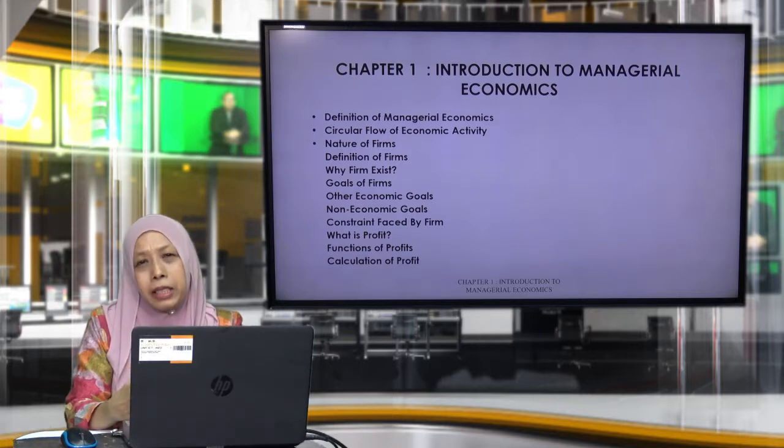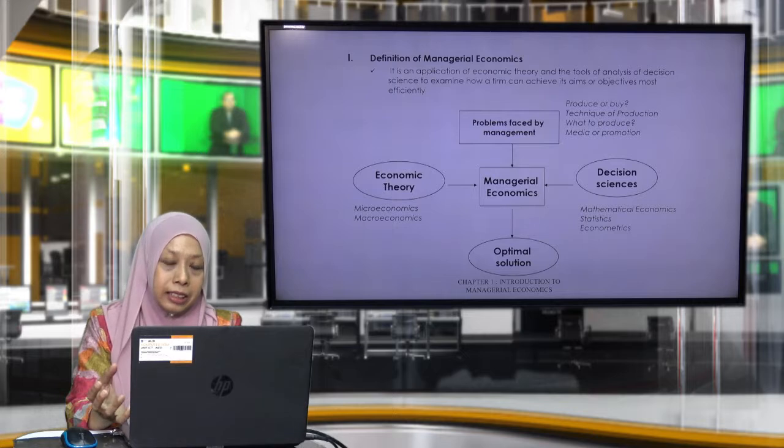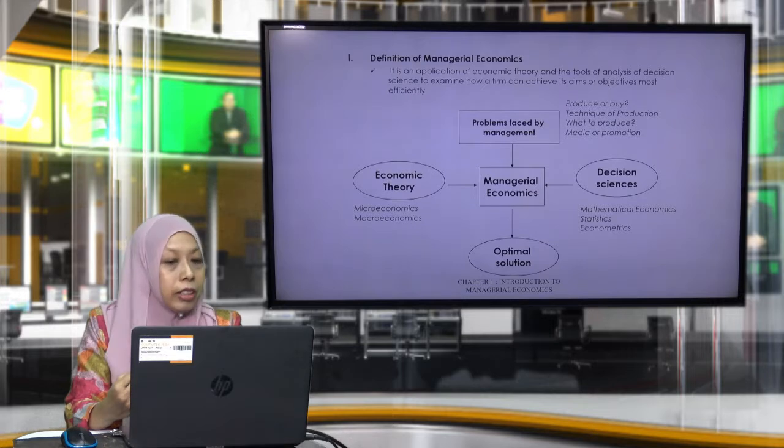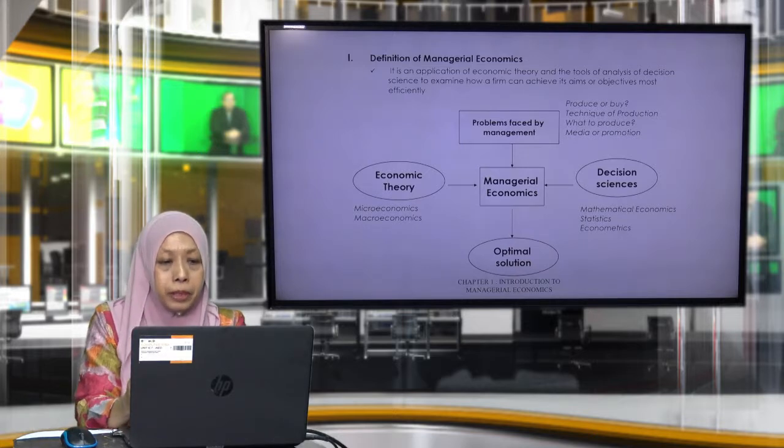When we talk about managerial economics, it is an application of economic theory and tools of analysis of decision sciences to understand how firms solve managerial problems most efficiently. As you can see on the diagram here, let's say a firm is facing a problem.